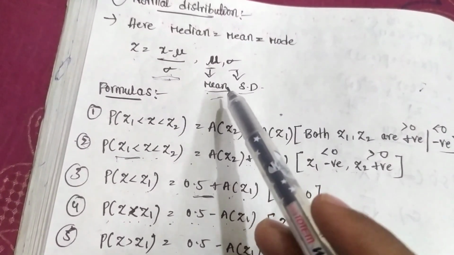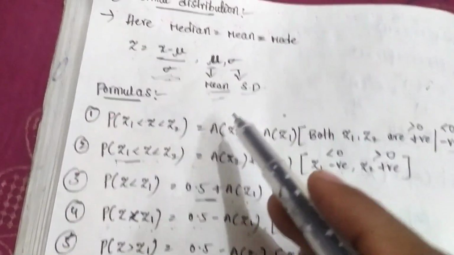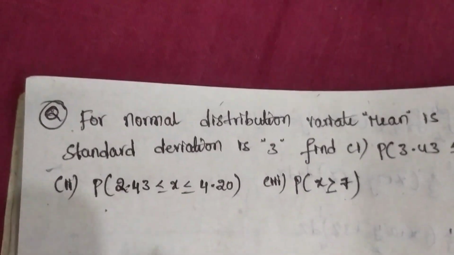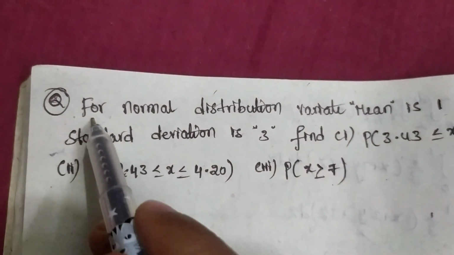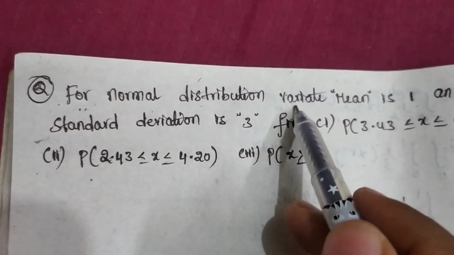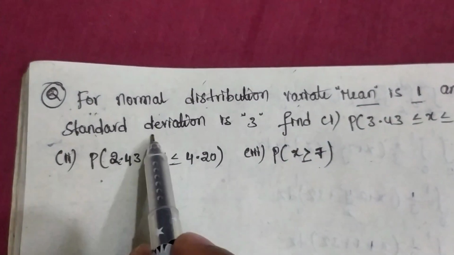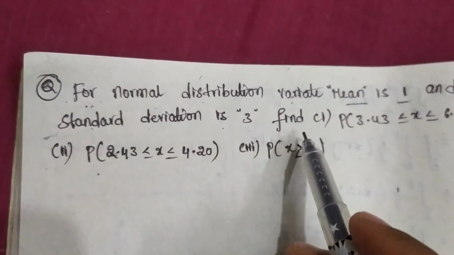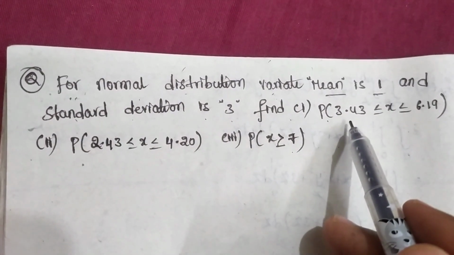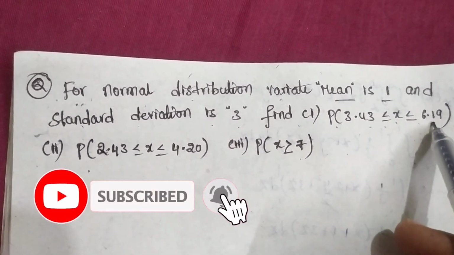Let us do some problems for a better understanding of the normal distribution. Let us consider an example problem. Given a normal distribution variate with mean 1 and standard deviation 3, we have to find: first, the probability of 3.43 less than or equal to x less than or equal to 6.19.